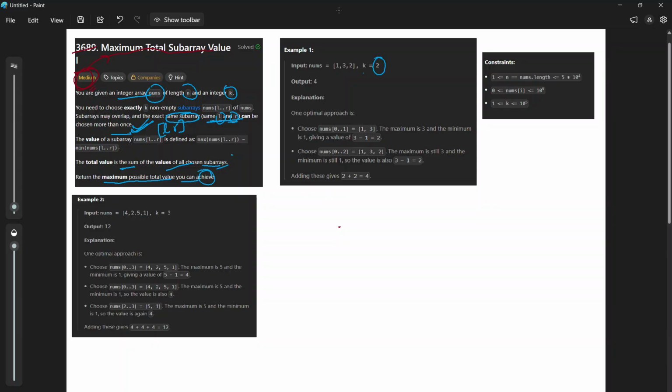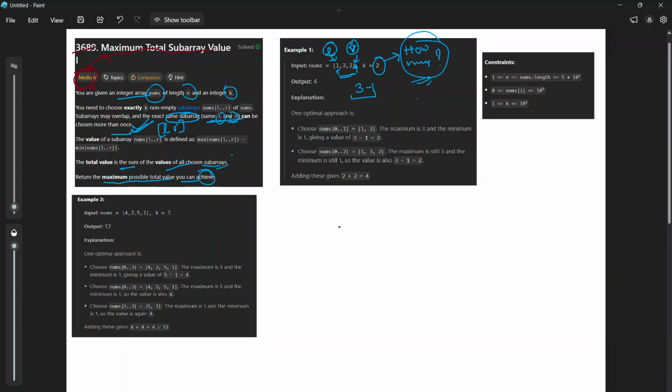Okay, so if we are given k equal to 2, this tells us how many times we can take a subarray. If I have taken left index as 1 and right index as 2, the maximum element is 3 and the minimum is 1.